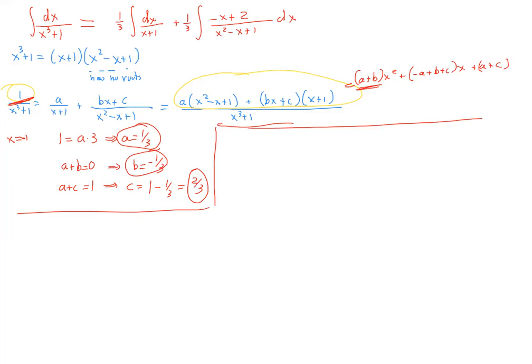So the first one is easily found by using the substitution u is equal to x plus 1. And it's ln of absolute value of x plus 1 plus c. The second one is a much more interesting one. So we need to begin by completing the square at the bottom.